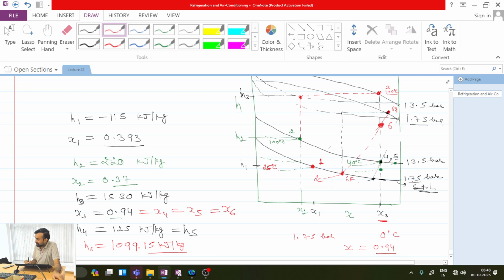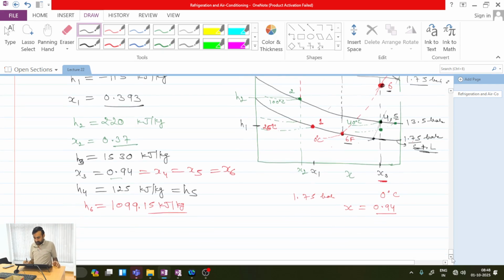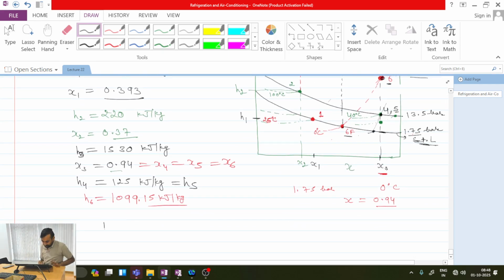Okay, so this is my state 6. At 6, the vapor state will be 6G. This will be on the saturated vapor line and the liquid state will be 6F. All are clear with this point? At 6, I know that I am having a mixture of liquid plus vapor. So let me assume my mixture mass to be 1 kg.